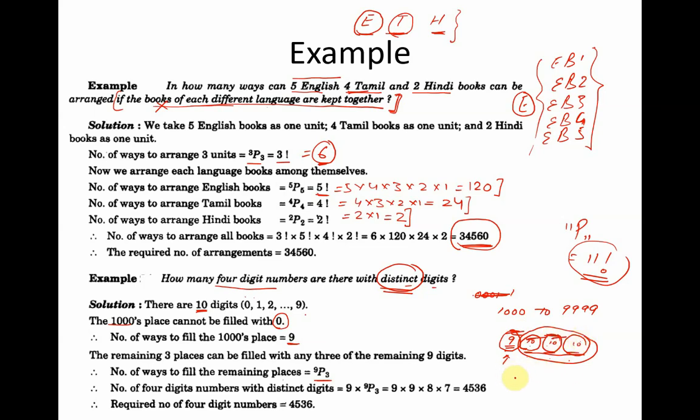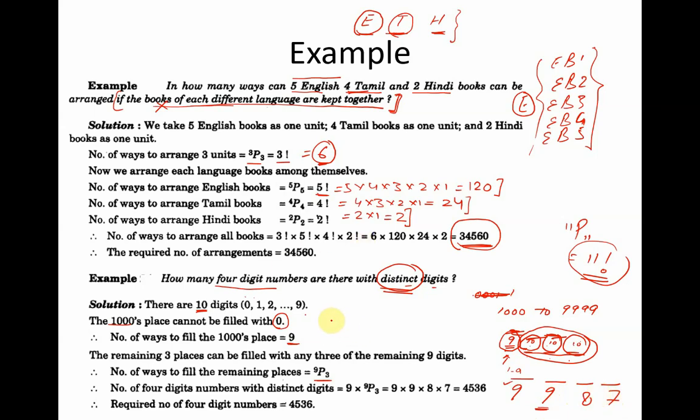So effectively, for the thousands place, I have 9 possibilities. For the hundreds place, I still have 9 possibilities. Why? Because the total number of digits was 10. Out of that, 9 can be used over here. So one digit is used over here, but that one can only be from 1 to 9. So what I am left with is 9 possible digits. I will have 8 possible digits for this, 7 possible digits for this.